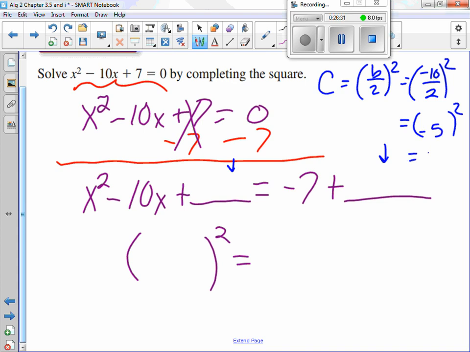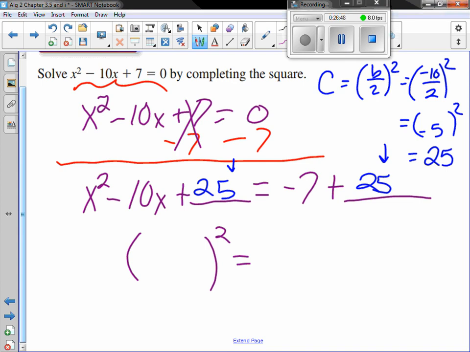And negative 5 squared is 25. So x squared minus 10x plus 25 is a perfect square trinomial. We made it into one, which will factor to x minus 5, squared. Kind of like how we worked in the last set of examples, finding the value of c and making it into a perfect square trinomial. We found the perfect square trinomial.